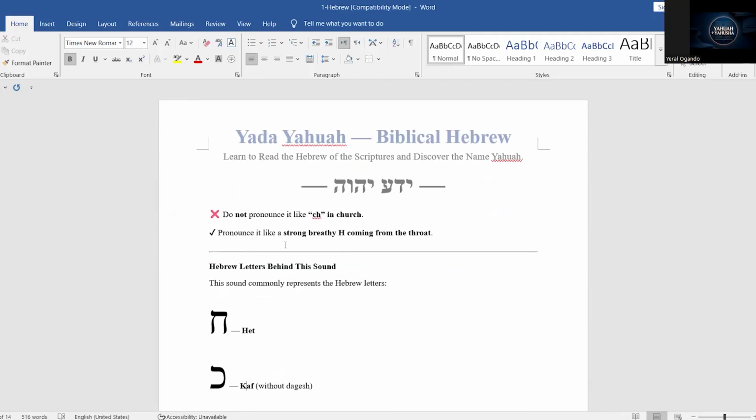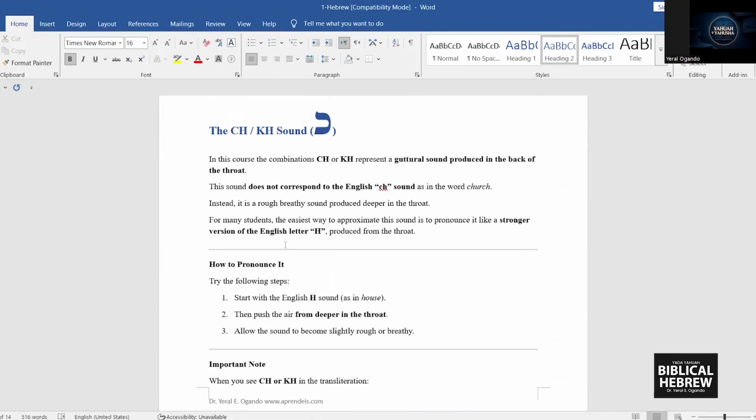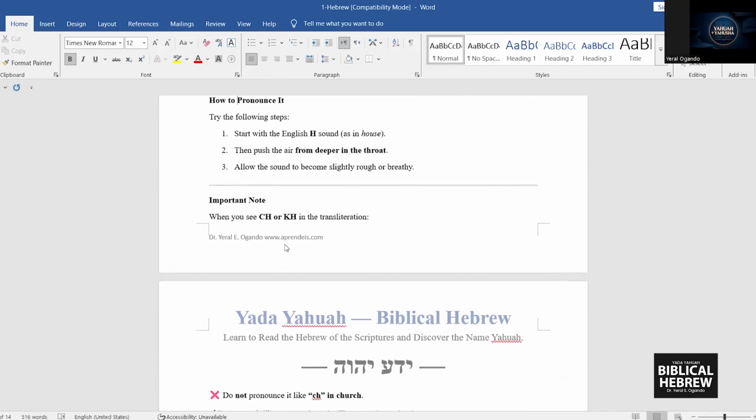Okay, never as in the ch in church, because you're gonna find it in the transliteration as ch and sometimes as kh, but the pronunciation is like that. Like very strong H is cough. If you try the pronunciation that I'm giving you, like in house, you will say house.